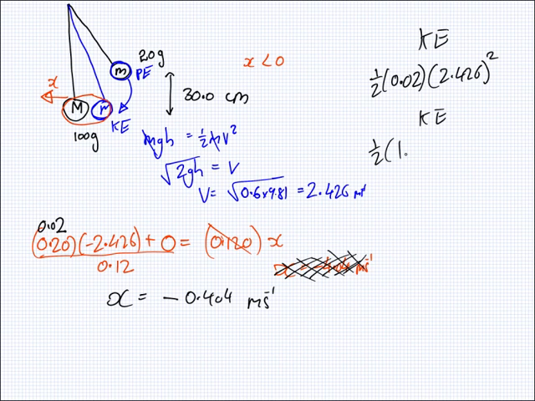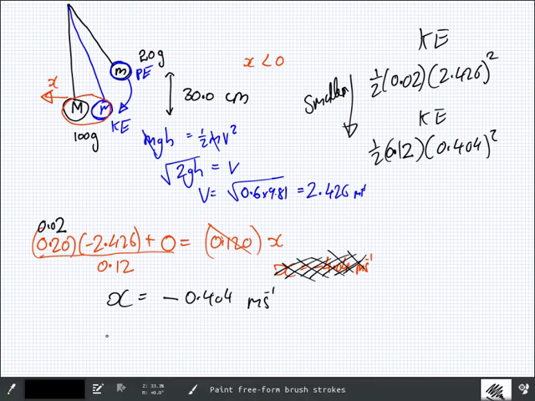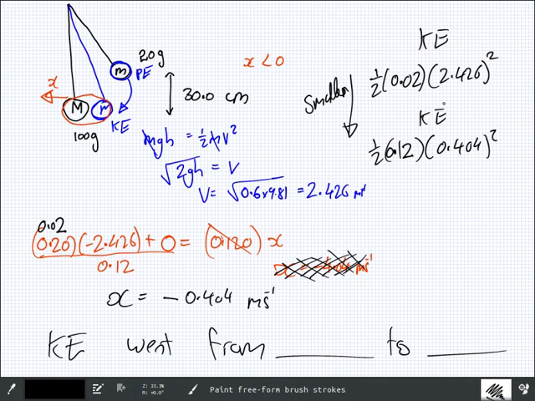A half m v squared. And this number will be smaller. Okay? Does somebody can give me the two numbers here? So the KE went from blank to blank. These are the two values here.